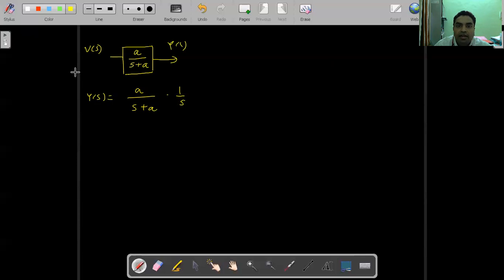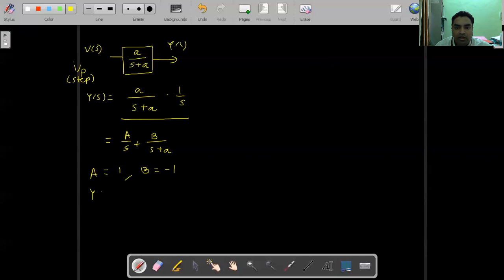Again, if I take here a step input, I will get this value. So in that case, I can write a upon s, b upon s plus a. If I calculate the values of a and b, I can get a is equal to 1 and b is equal to minus 1.